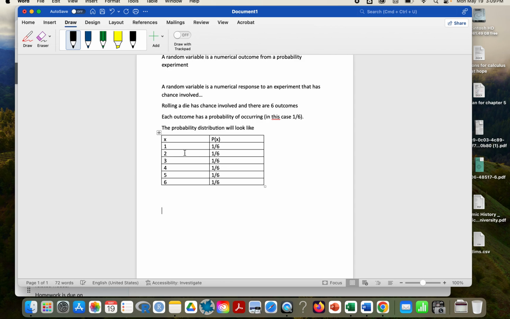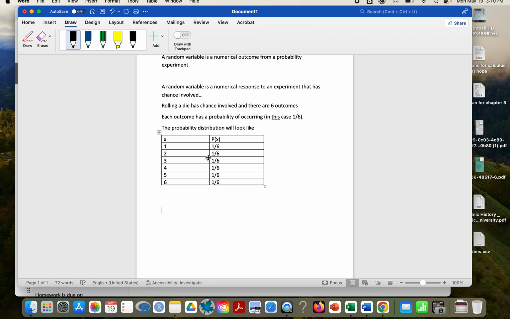When you're dealing with continuous random variables, you work with intervals. When you're dealing with discrete random variables, you're dealing with specific values like 1, 2, 3, 4, 5, 6. Depending on how this is set up, you could have like a 1.5, a 2.5, but those are specific values rather than an interval.